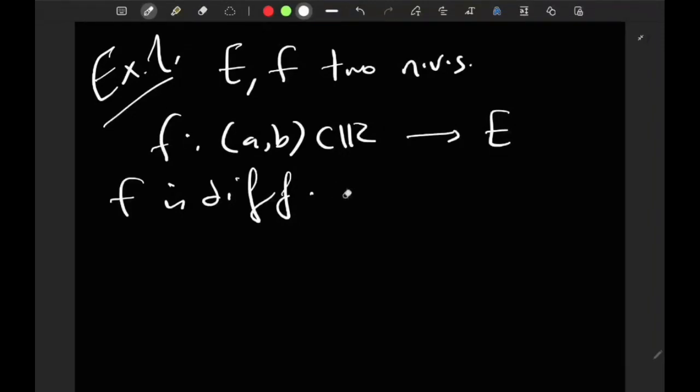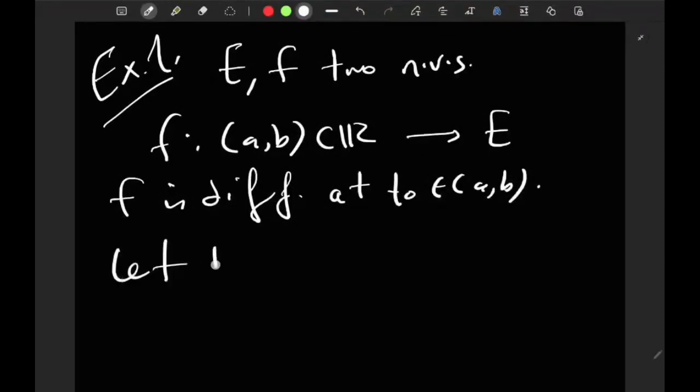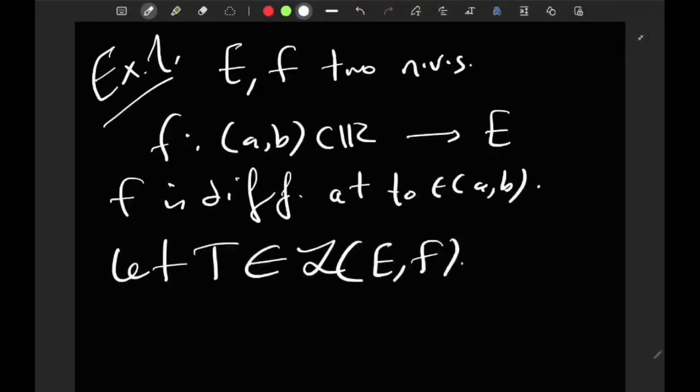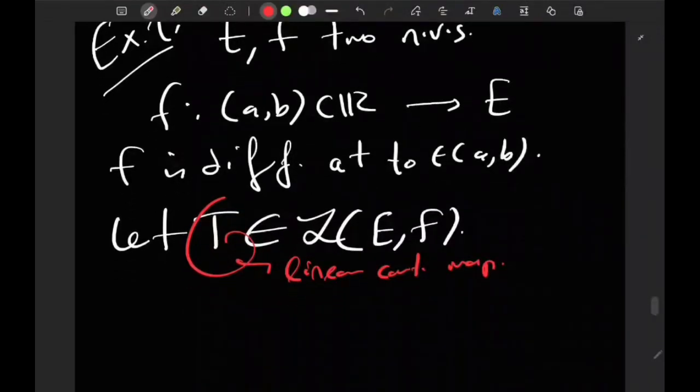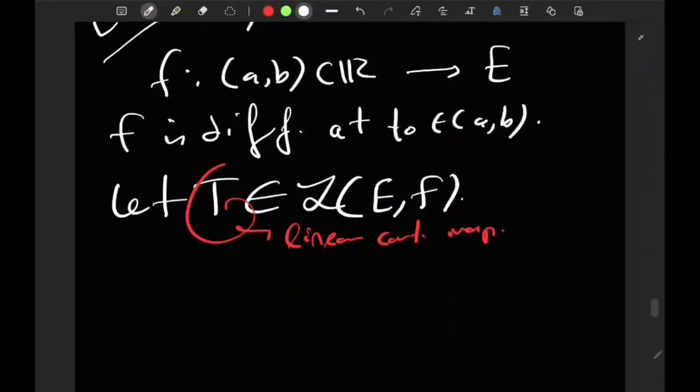So the statement goes like this: f is differentiable at some t0 inside (a,b), and let T be a mapping inside L of E,F. So T is a linear continuous map, or linear bounded map, in the sense of linear maps.